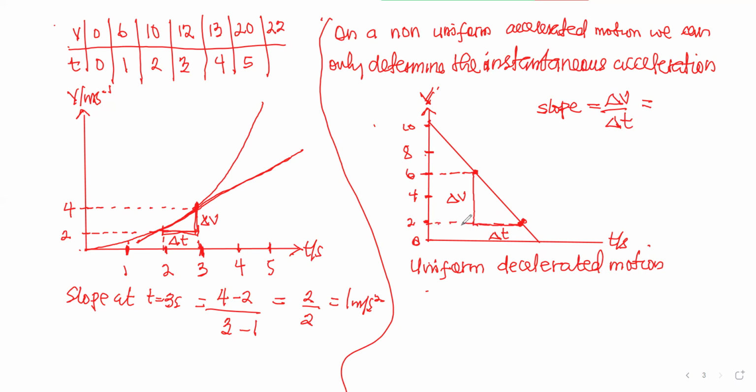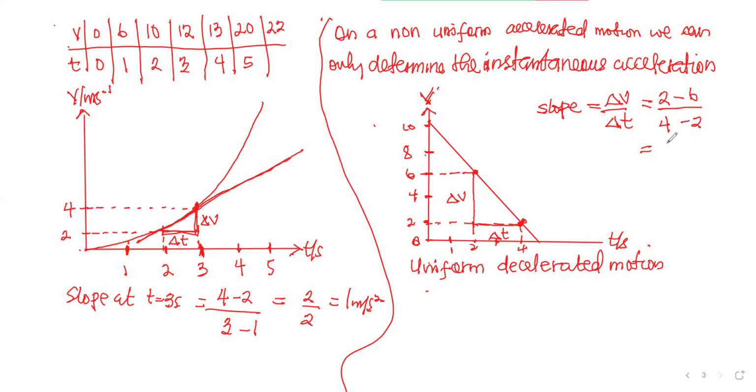The final vertical is 2, so 2 minus 6, divided by the final time. Let's assume this is 2, 3, this is 4. So 4 minus 2.